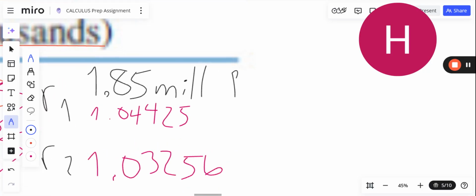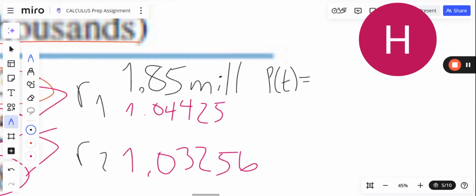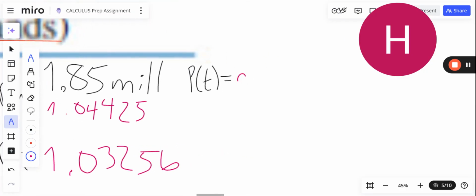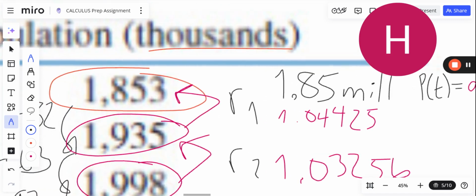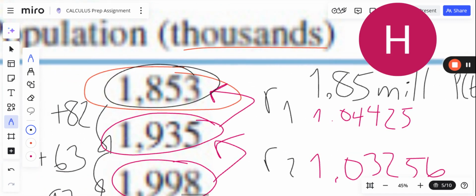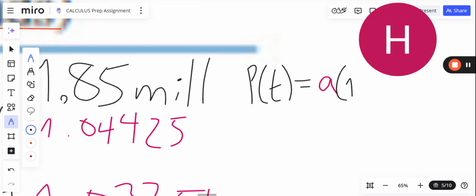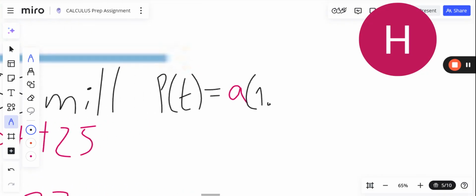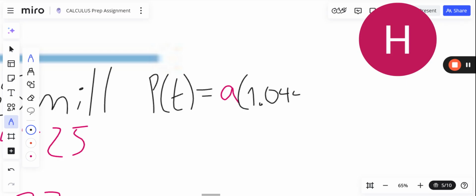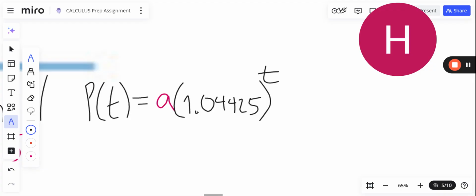So we're going to have P of t is equal to some value. We'll pretend that we don't know that it's going to be 1,853, but that's what it's going to be. Some value times the ratio of, what was this one, 1.04425. And then we're going to send it to the power of t.